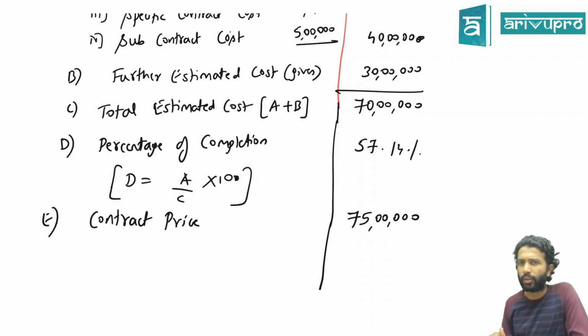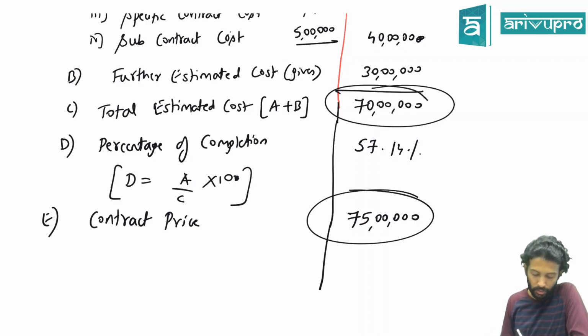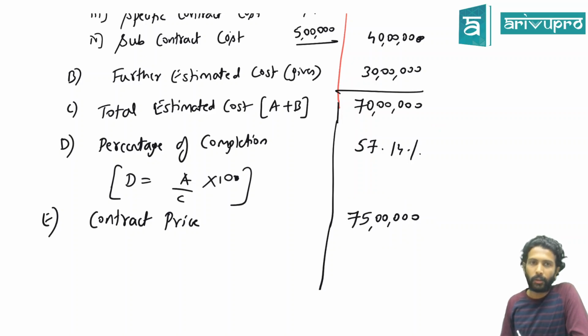Why am I asking you to check this? Prudence concept, what is it? I'm asking you to check these two values in every problem: total cost with total contract price, always check.